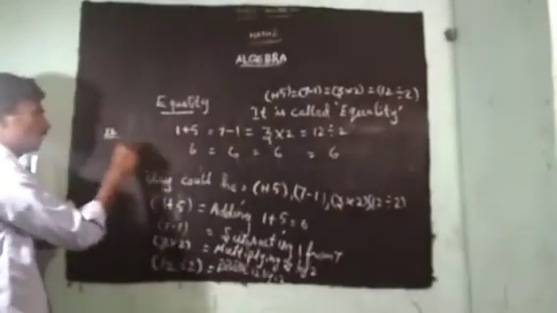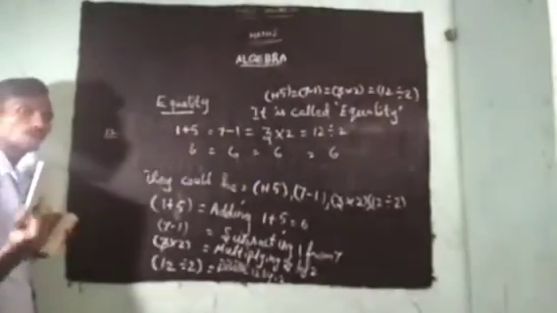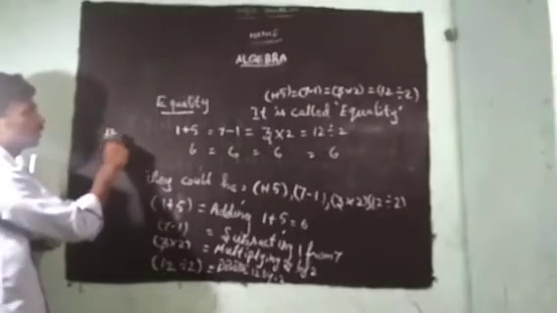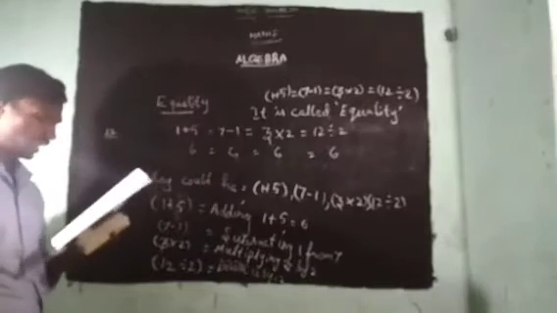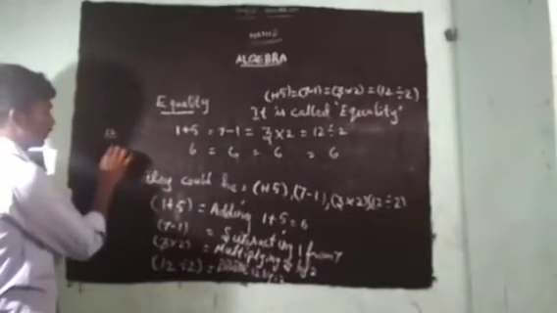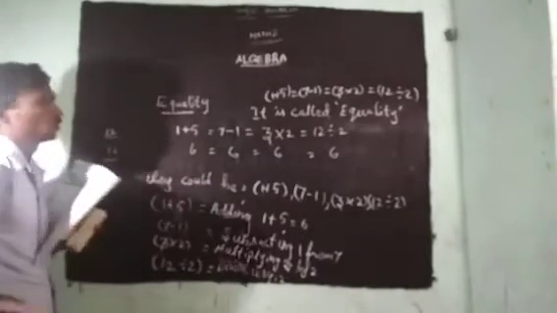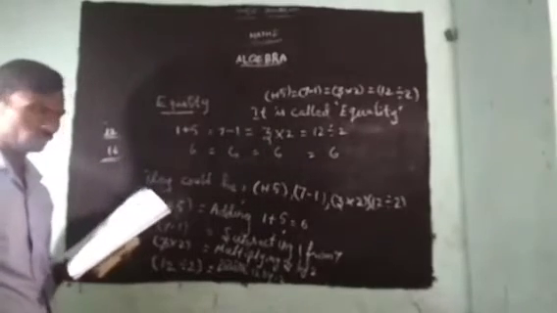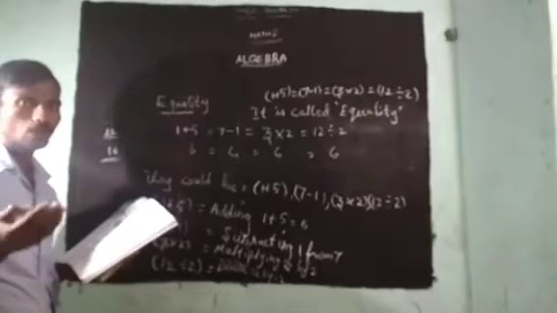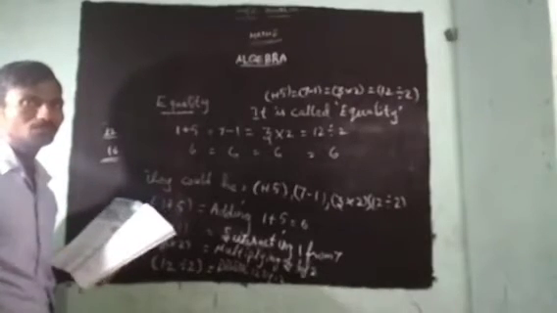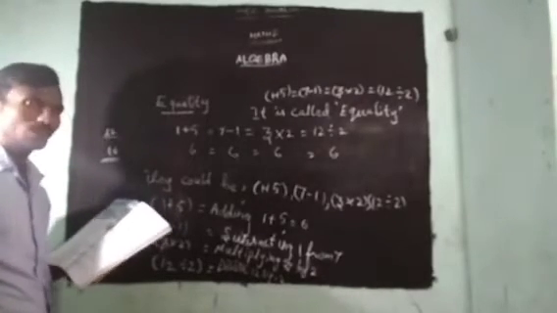In the same way you are going to do the sums. We need to get the answer 12. Next, the same way we need to get 16 also. Please do by yourself and send it to me. Thank you, dears.